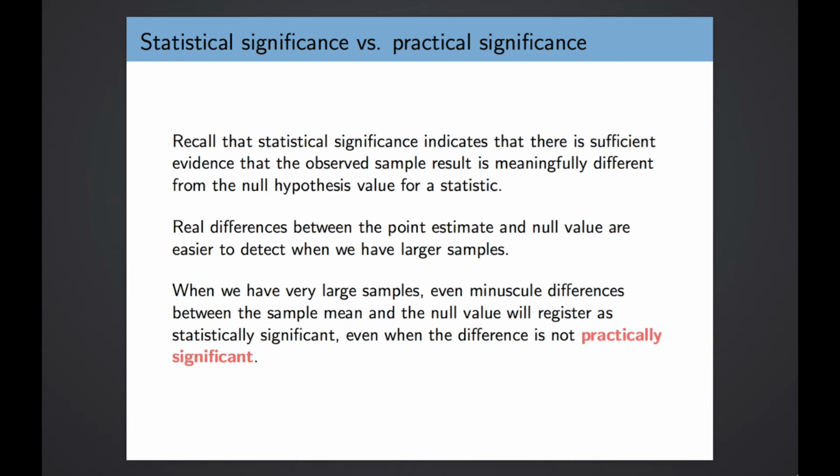Real differences between that sample estimate and the null value are easier to find when we have large samples. And when we have very large samples, even tiny differences between the sample statistic and the null hypothesized value will register as statistically significant. And this is true even in cases where those tiny differences between the sample value and the null value don't have any real-world meaning.